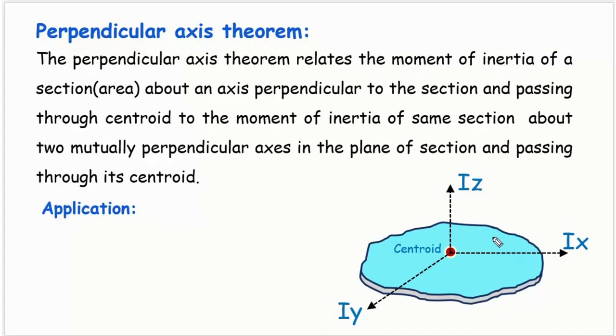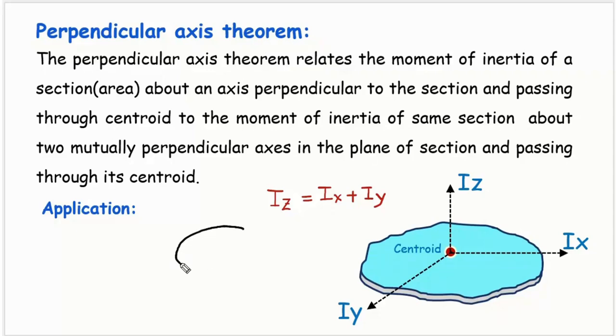So we have understood here the moment of inertia of this section about this axis, that is Iz, equals the sum of moment of inertia about x-axis and y-axis. Okay, now let's see one example to understand the application of perpendicular axis theorem.